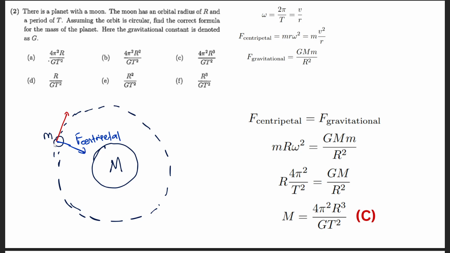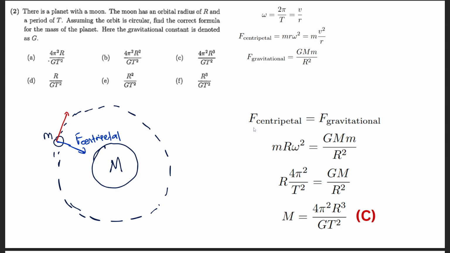But since this is two planets, we can also write that the F centripetal is also the gravitational force between big M and small m. So we can write F centripetal is equal to F gravitational.